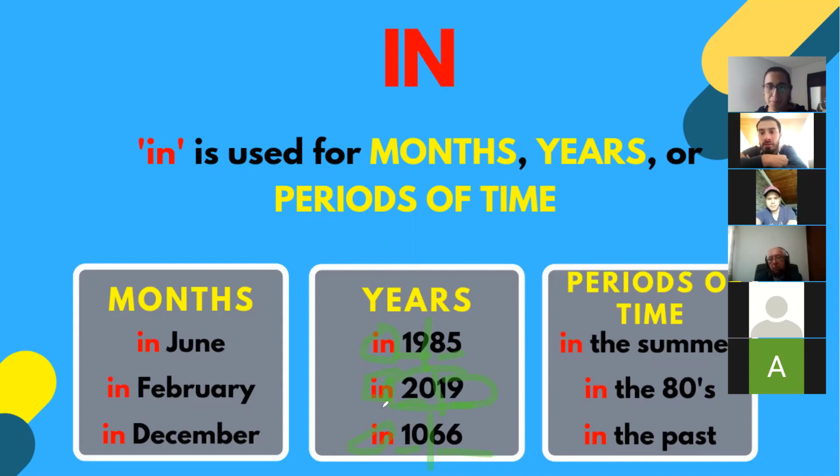Tell me the year. 1492. Thank you. Excellent. So Christopher Columbus discovered America in 1492. Exactly. Good. Preposition in, 2 and 2.